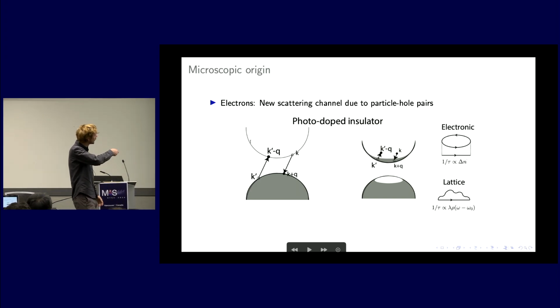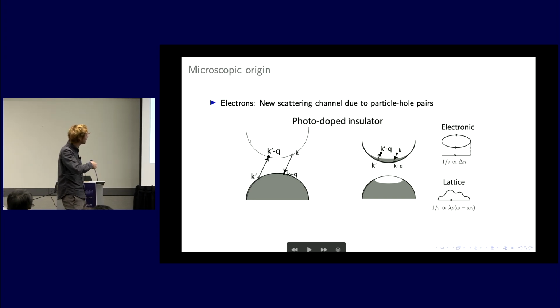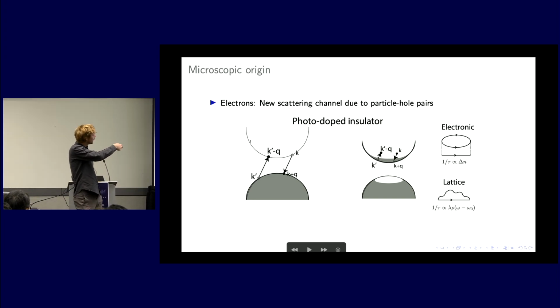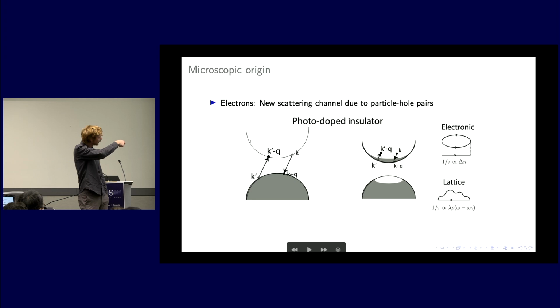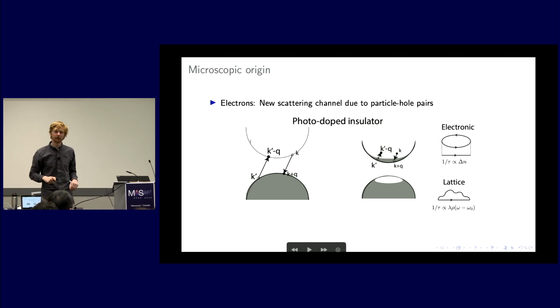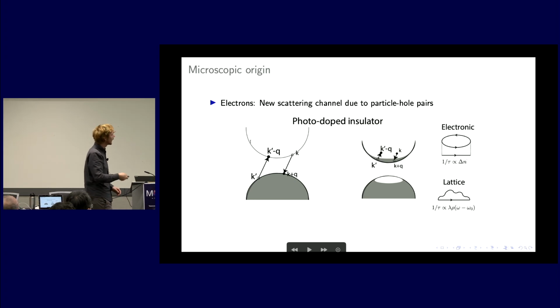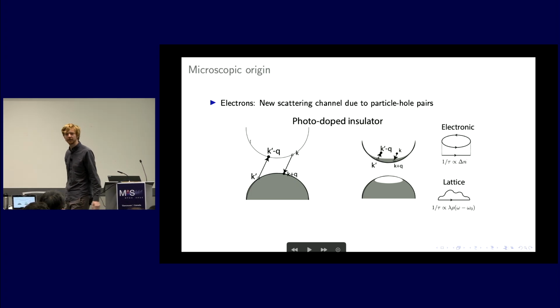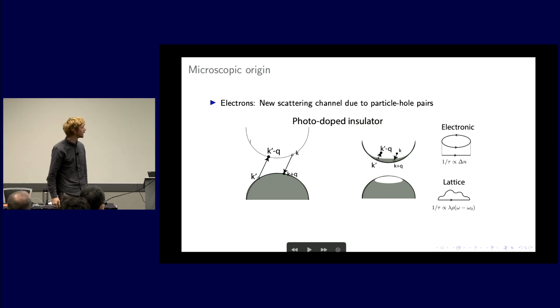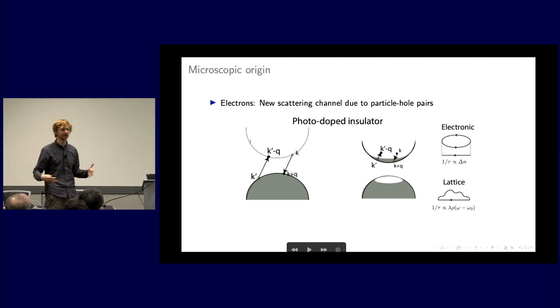I'm considering a photodoped insulator, and after photoexcitation you have a bunch of electrons which have cooled down to the upper edge of the valence band and created some kind of a double chemical potential, which you can imagine. But now this additional chemical potential allows a bunch of new scatterings. It strongly enhances the phase space for the electronic scatterings. And that's the essence of it.